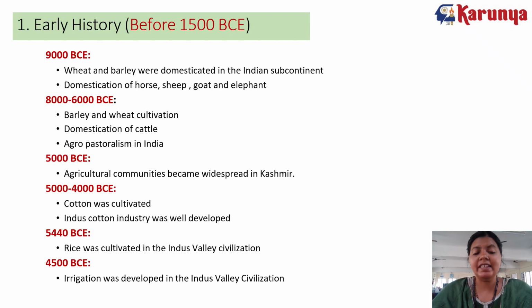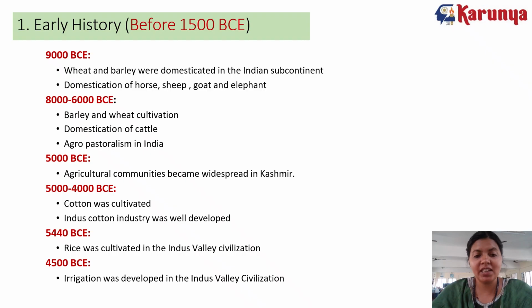When we see the early history period, the early history of agriculture in India started thousands of years before the modern era, and archaeological evidence shows that agriculture existed in India around 9000 BC itself. During this time, people started domesticating crops like wheat and barley.